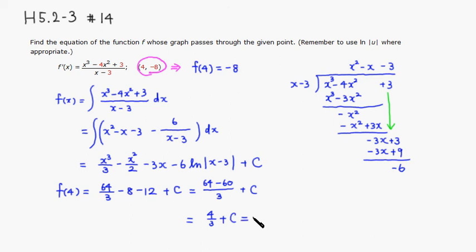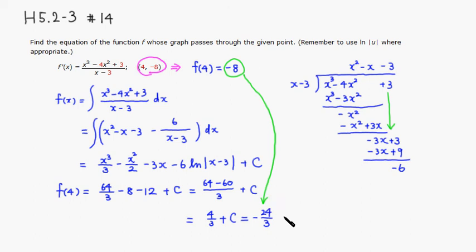I'll rewrite negative 8 as negative 24 over 3.